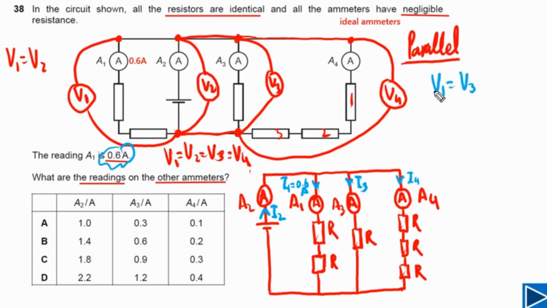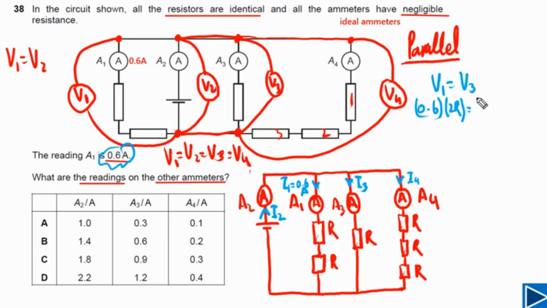So V1 is equal to 0.6, the current passing through this branch, times its resistance, and its resistance is 2R, because we have said the resistance of each resistor is R and these two resistors are connected in series, so the total resistance of this branch is 2R.